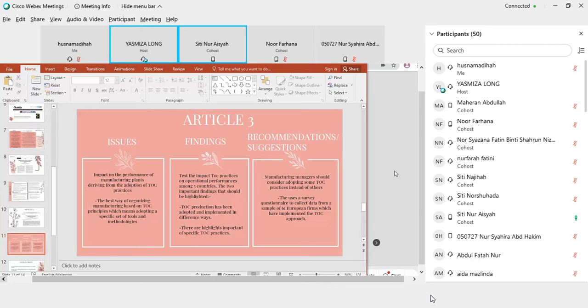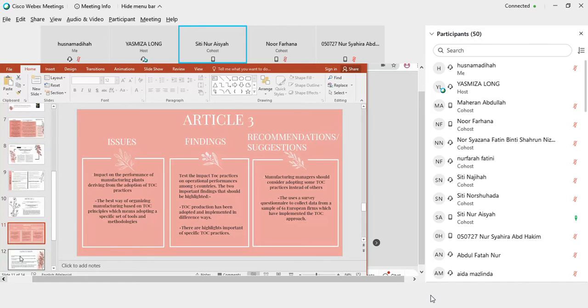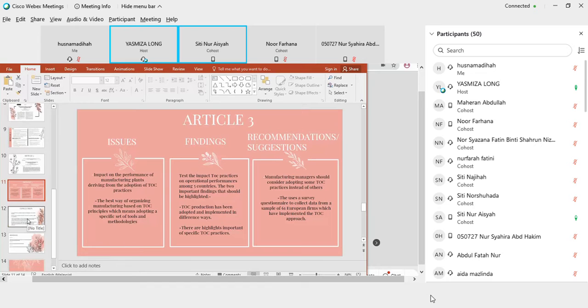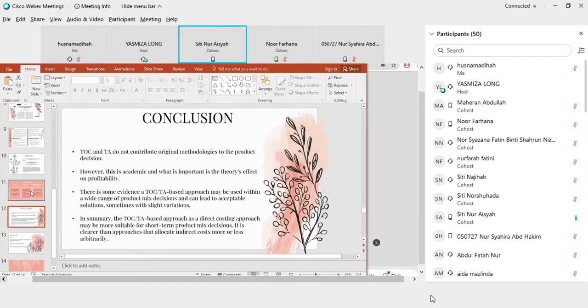In British plant, TOC has been adopted earlier than other countries. Next, close connection between high manufacturing performance and TOC indicate that British are effectively utilizing TOC practice to improve operational performance in terms of inventory level.